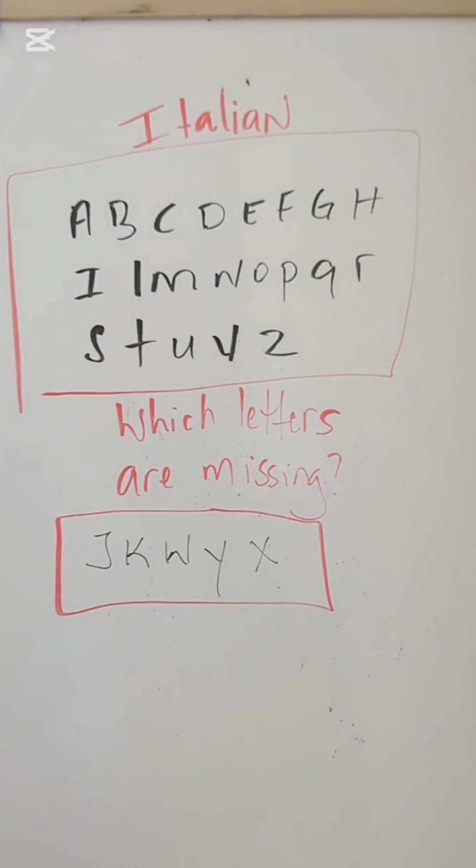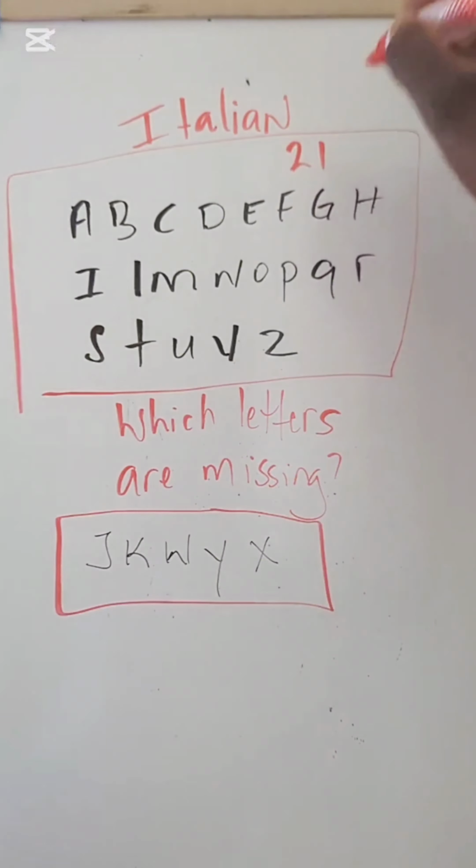Italian doesn't have those letters. The Italian alphabet does not have those letters, which is to say that the Italian alphabet has 21 letters, while English has 26.